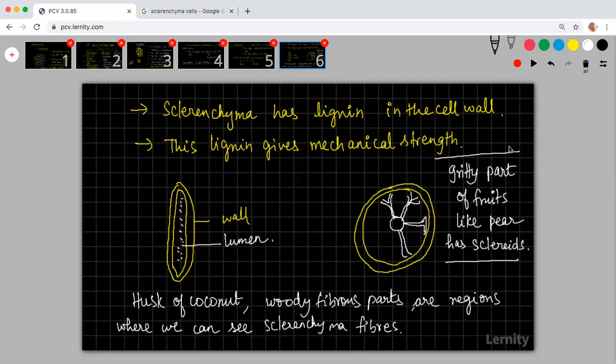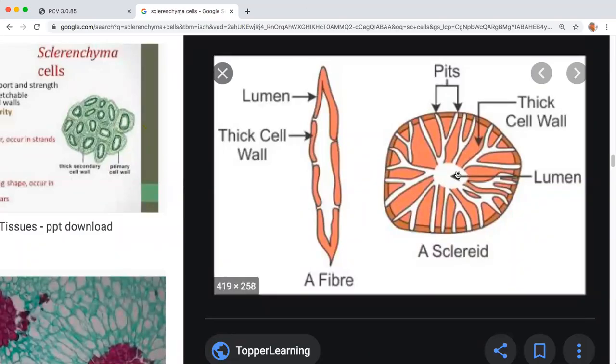Lumen is an empty space. They are not isodiametric. Look at them. Are you able to see them? Are they looking alike, or are all cells looking alike? Do you think every cell will look alike? No.